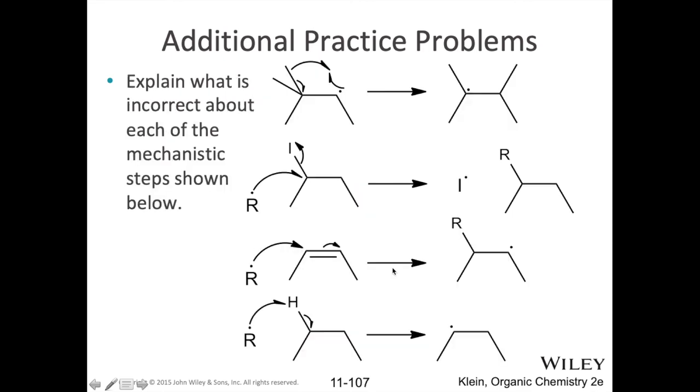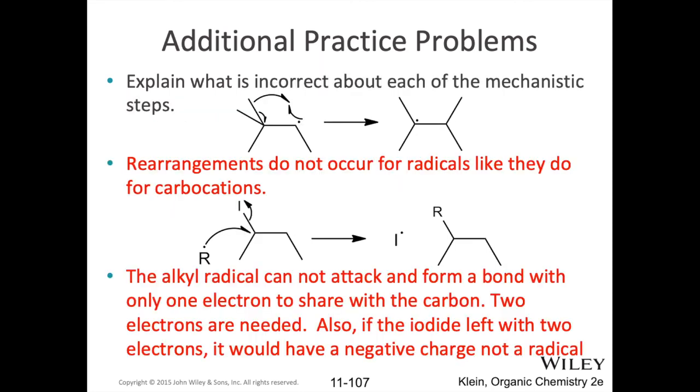Okay, so here are some mechanistic steps, and so for each of these, ask yourself, what is wrong with these? Okay, so let's look at each of these in turn. So in this first one, right, what's going on here? Well, if you look at the difference between this molecule and this molecule, what we've done is we've shifted this methyl group over.